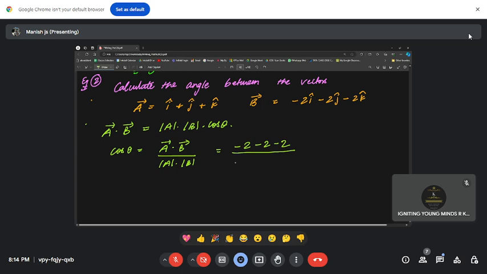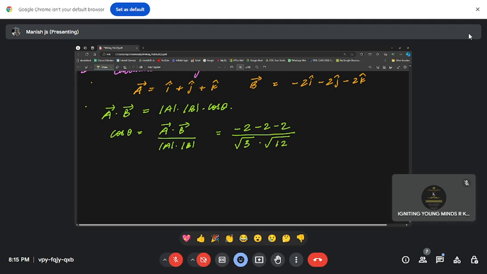What is modulus of A? I hope you're getting root 3 for vector A modulus, and for B modulus, you get root of 2 squared plus 2 squared plus, I mean minus 2 the whole squared. So how much is that? You're getting 12, right? So you get the value as 12.